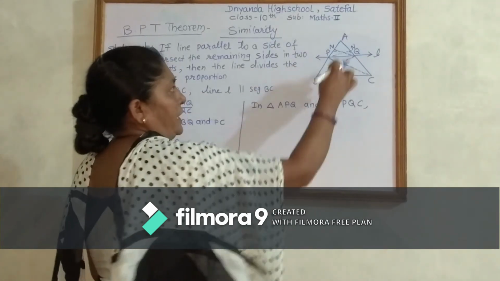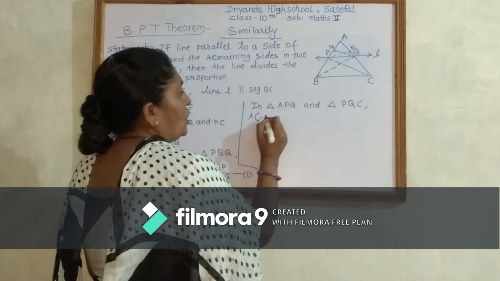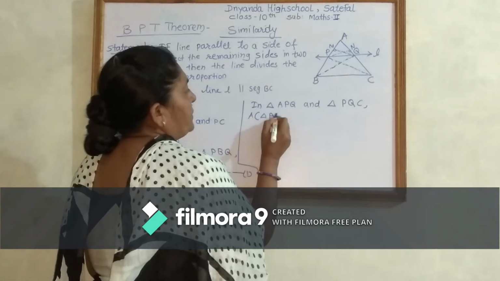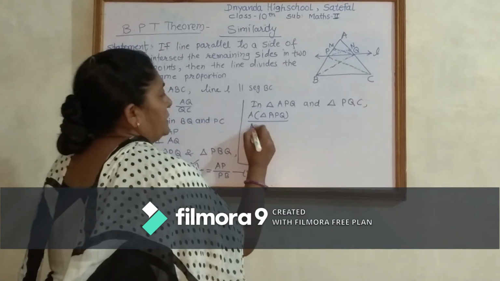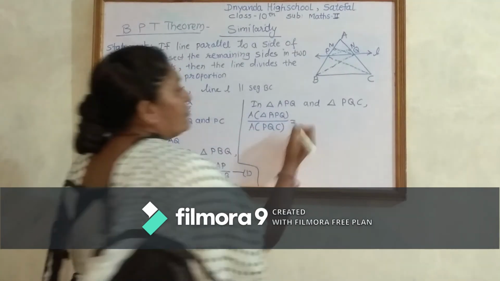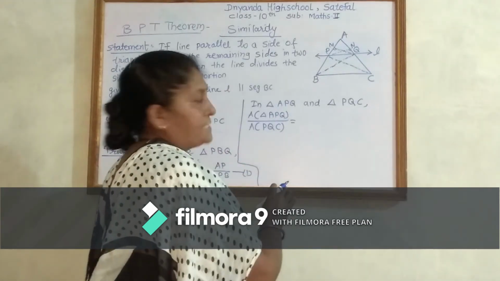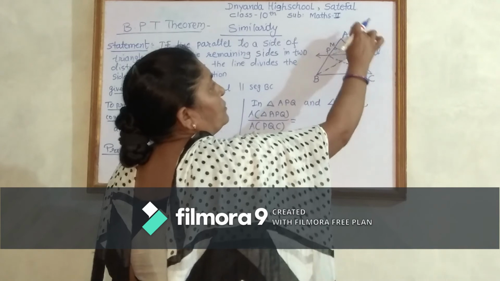The ratio of the area of triangle APQ divided by the area of PQC is equal to half into base into height; the half gets cancelled.